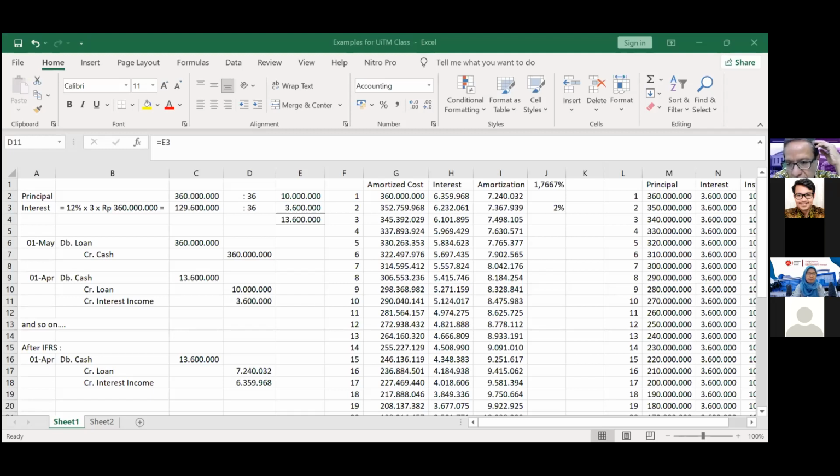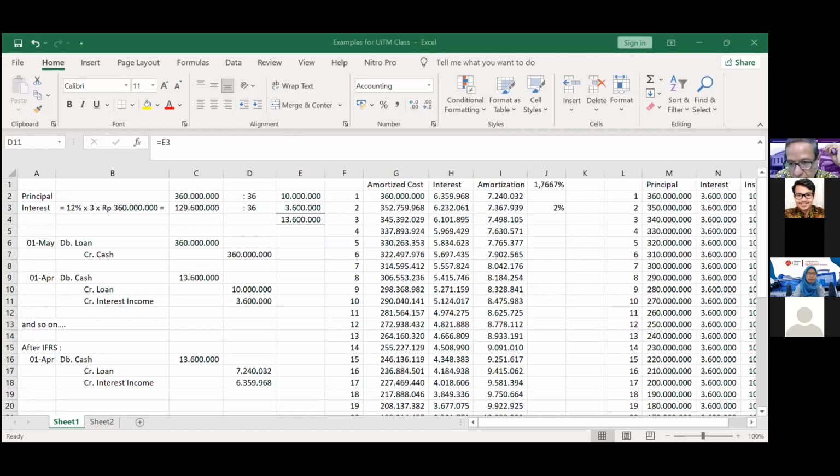This is the loss given default. Then we multiply this and this and this, and we get this. Then we make the present value of this, and we get this. Then according to IFRS 9, we have to recognize the loss.